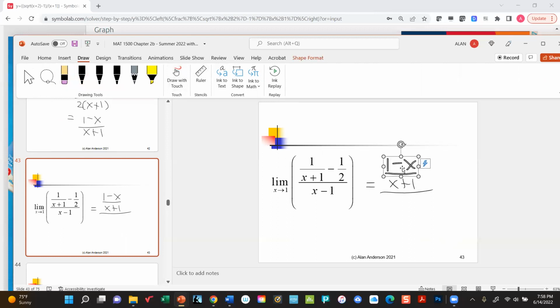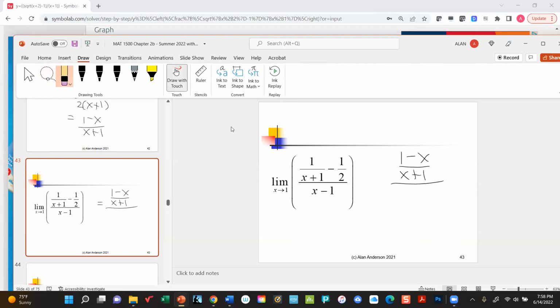Actually, I just realized I did not do this correctly. I left out the limit. Okay, hold on. So it appears at first glance that you can cancel, but actually not just yet. Because in the numerator up here, we have 1 minus x. Down here, we have x minus 1. So we have to make one more change here.